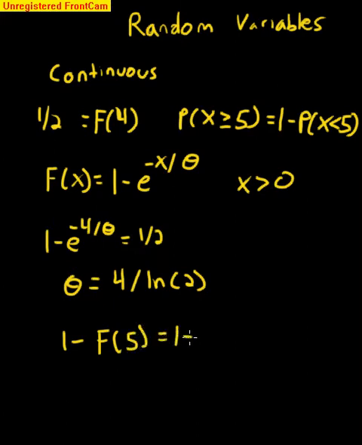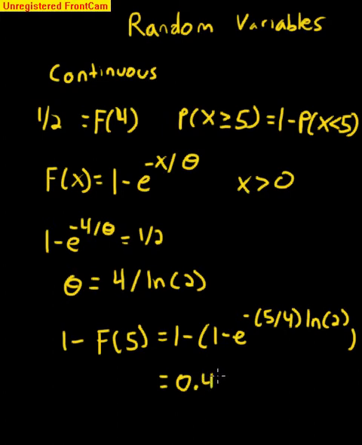So this is 1 minus e to the negative 5/4 natural log 2. If we evaluate this and punch it in your calculator, you're going to get a probability of 0.42.